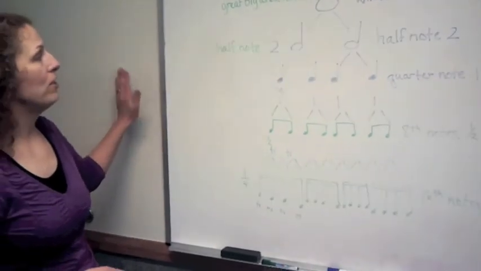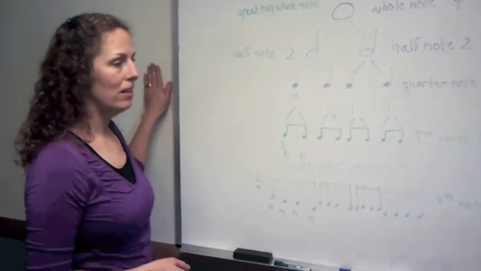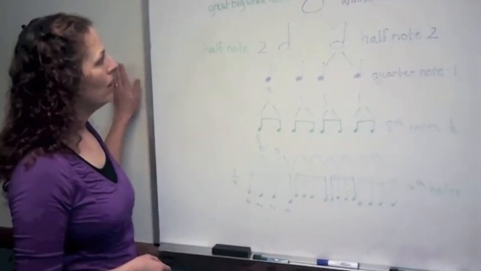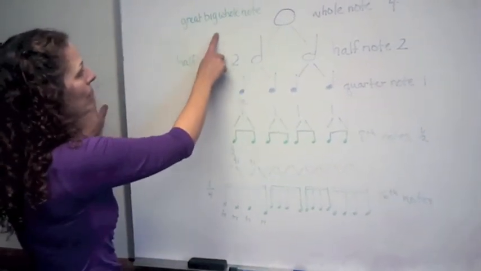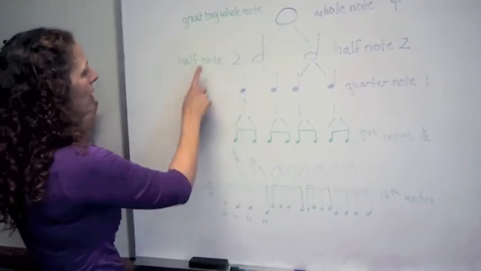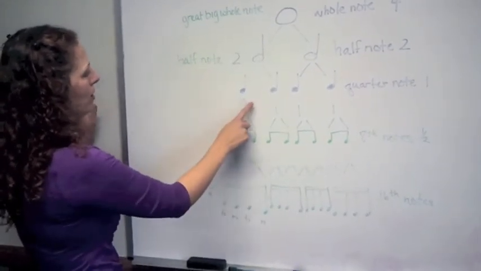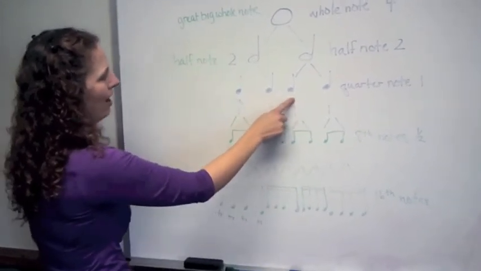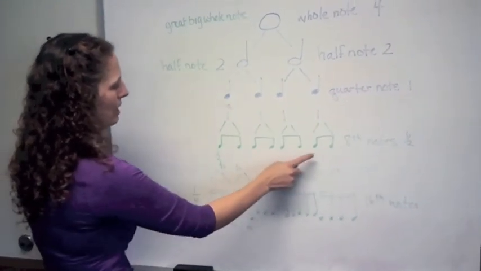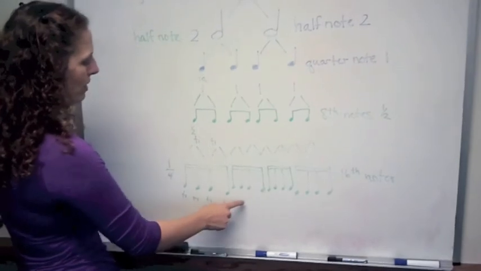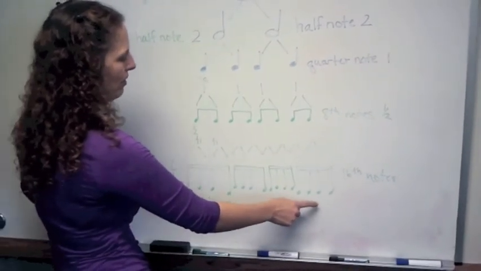So if I were just to keep a beat like that, then I could do each of these. Great, big, whole note. Half note. Ta, ta, ta, ta. Ti, ti, ti, ti, ti, ti, ti, ti. Tiri, tiri, tiri, tiri, tiri, tiri, tiri, tiri.